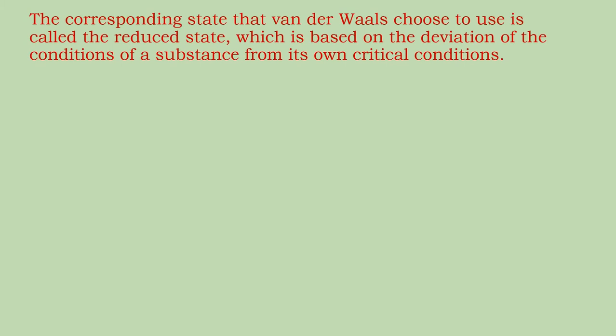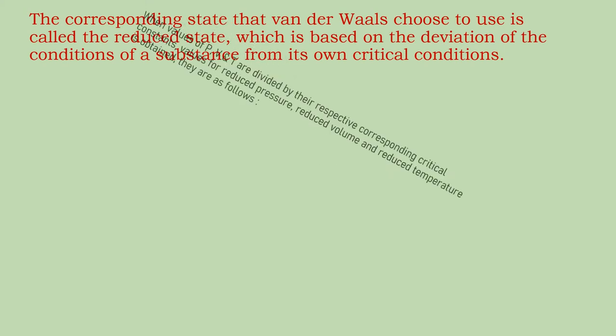Basically, what he is trying to say is that the corresponding state that van der Waals chose to use is called the reduced state, which is based on the deviation of conditions of a substance from its own critical condition.